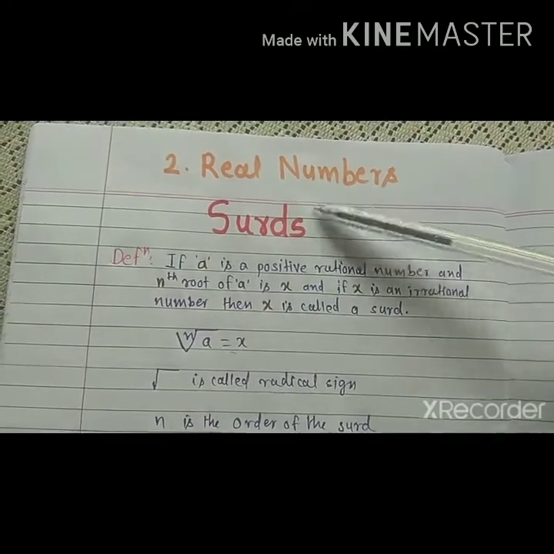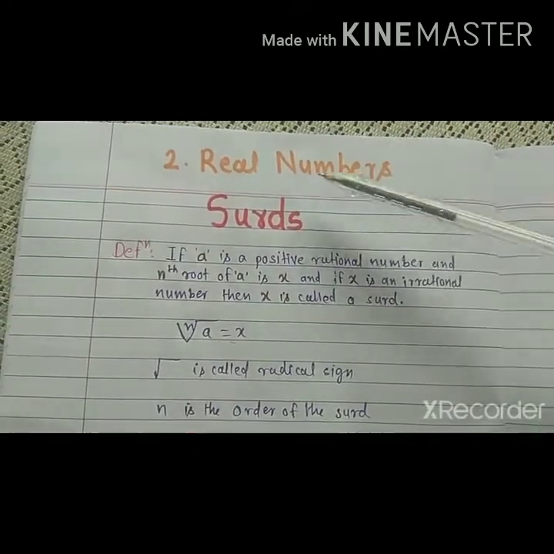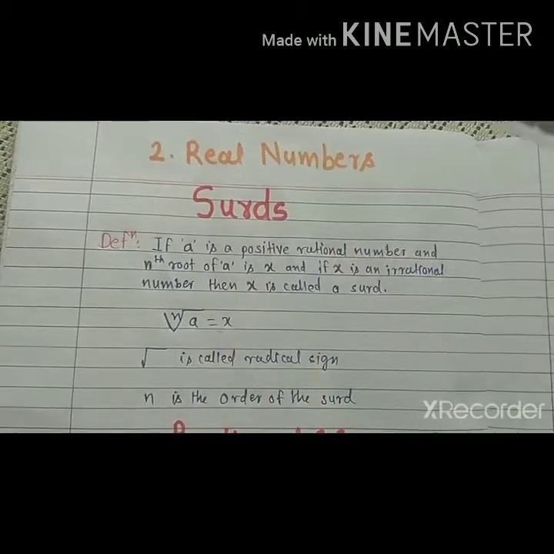Maths 1, chapter number 2, real numbers, and the topic is surds.